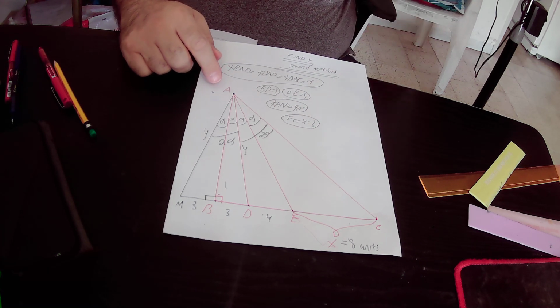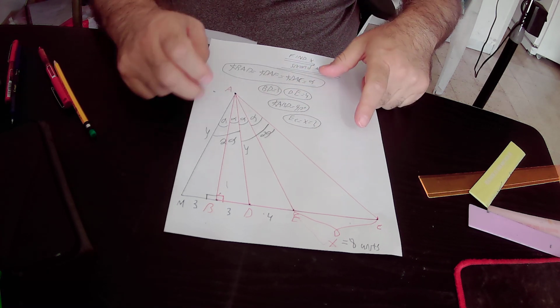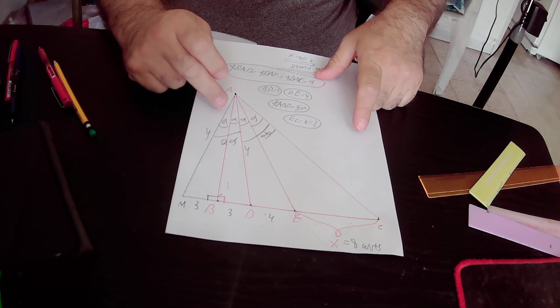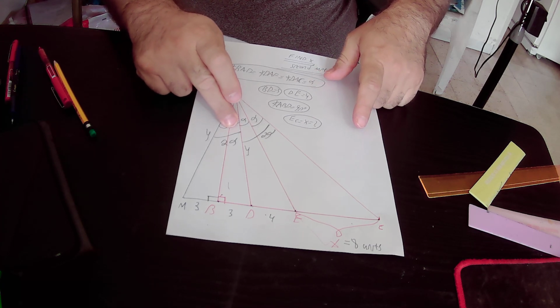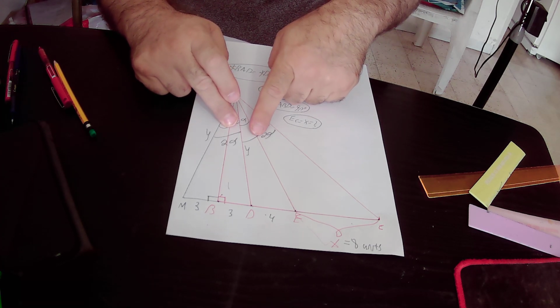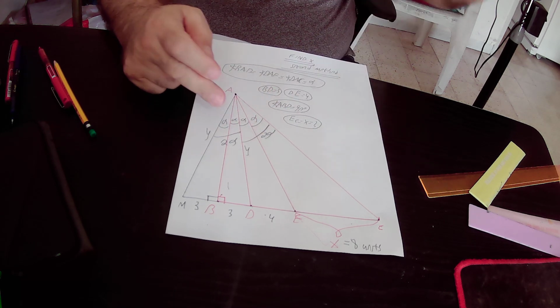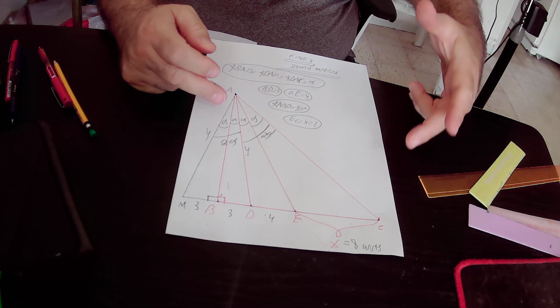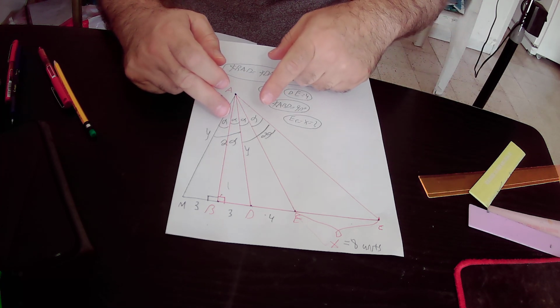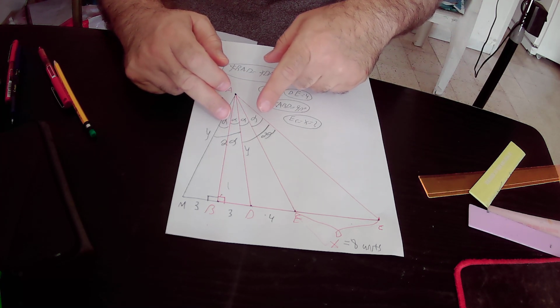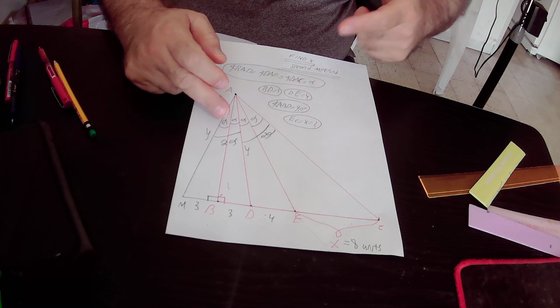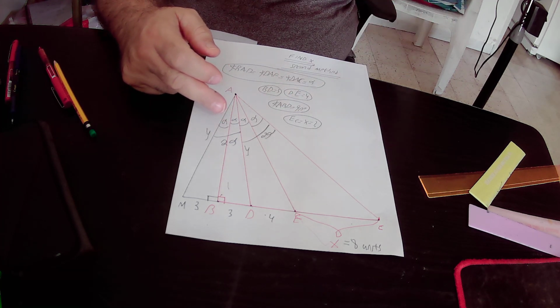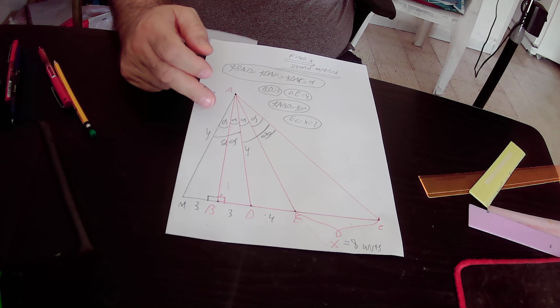Because it divides angle MAC into two equal parts, part 1 is 2 alpha and part 2 is also 2 alpha. Because AD bisects angle MAC, it is defined as the angle bisector.